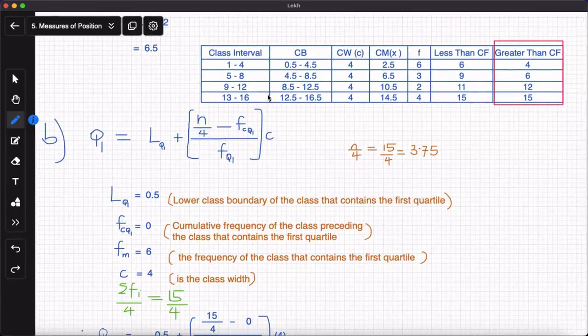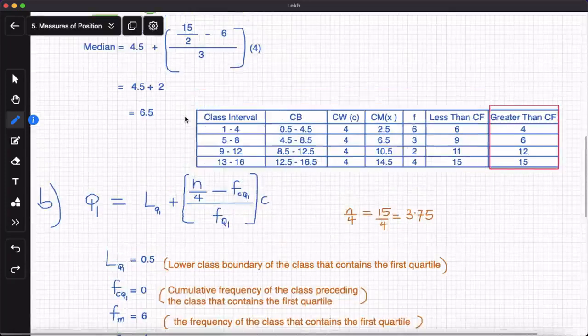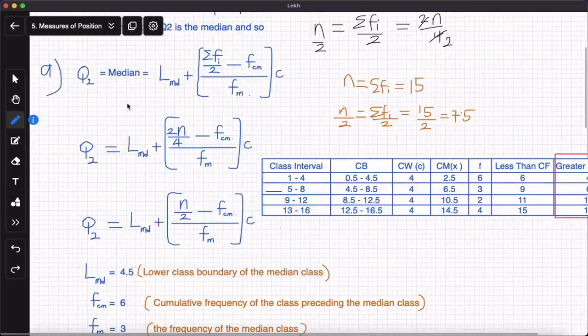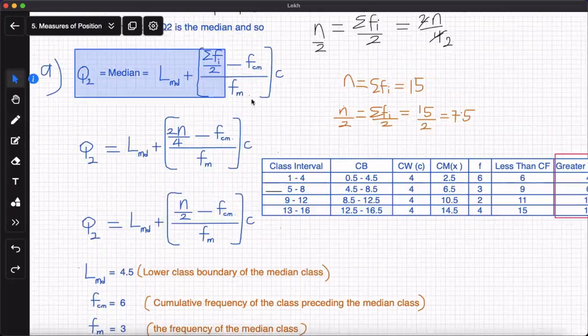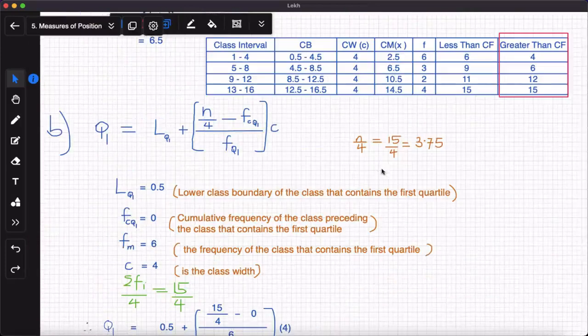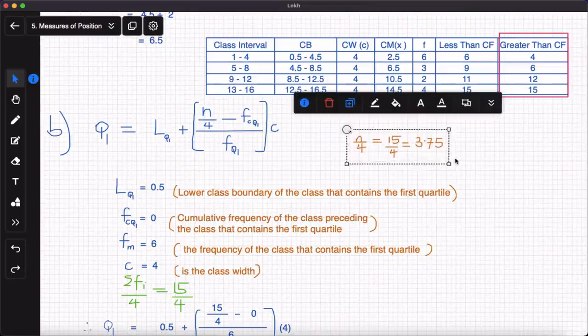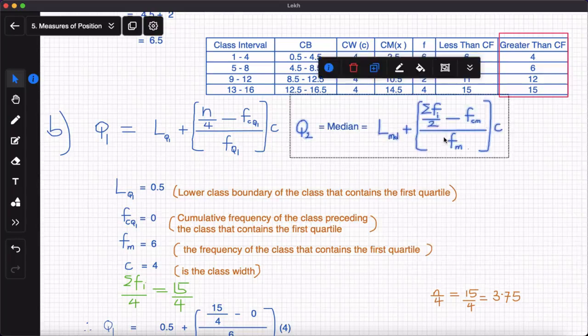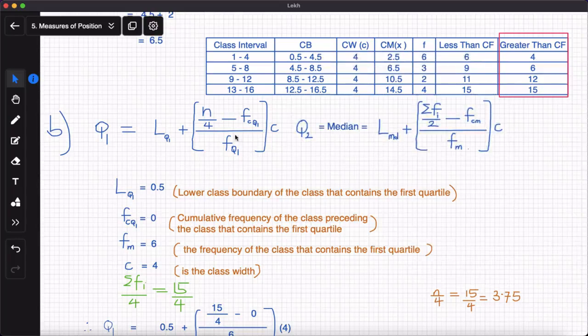Everything that we did in Q2 applies to Q1. The only things that changed are the notations.